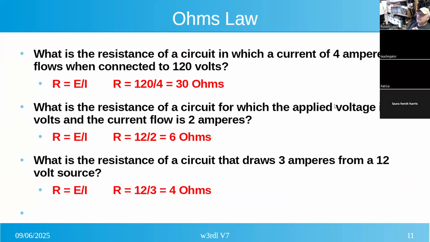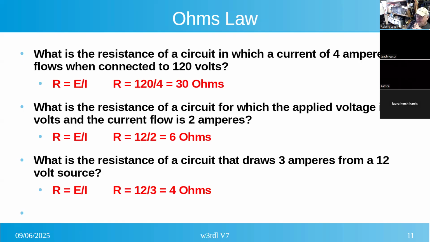So here are some example problems. What is the resistance of a circuit in which a current of 4 amperes flows when connected to 120 volts? So we know voltage and we know current. 120 divided by 4. We divide the voltage by the current, and we get 30 ohms.